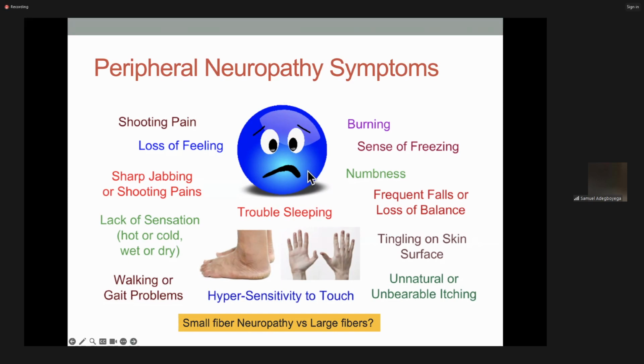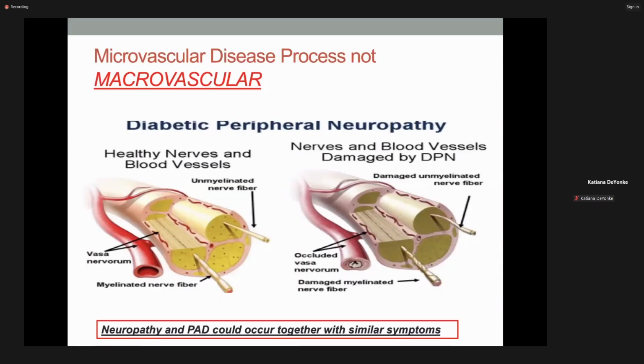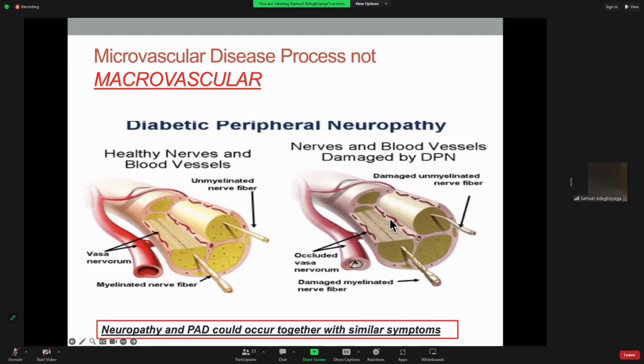Are we good? Yes. Excellent. So true or false, a patient who's got neuropathy could also have similar symptoms as a patient with PAD. True. That's right. And the reason is that your nerves can't function without arteries. So if you have microvascular disease, what's going to happen?